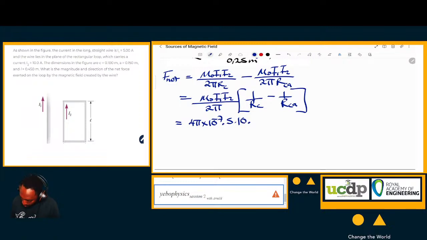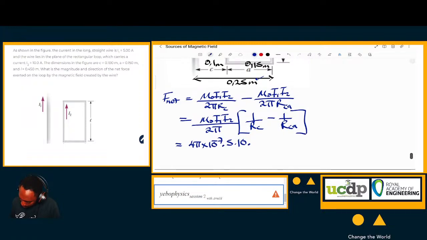Oh, I left out L, the length of the conductor, which is 0.45, over 2 pi, and 1 over RC is 0.1 minus 1 over RCA, which is 0.25.